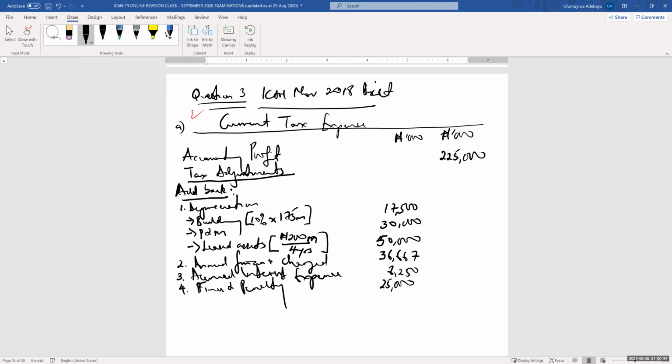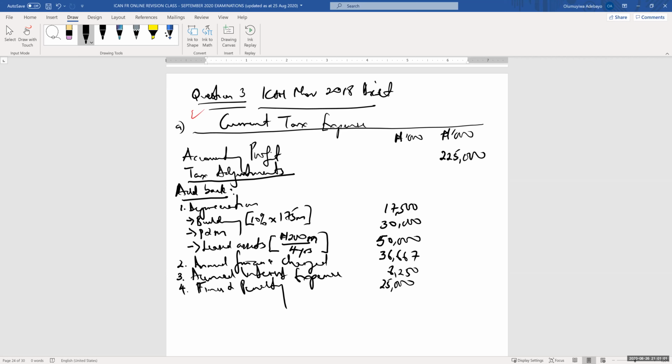Also, in the question, it says the receivable note 4 figure is shown net of allowance for doubtful debts of 17.5, which means the receivable is after they've deducted 17.5 million as provision for bad debt in the first year.